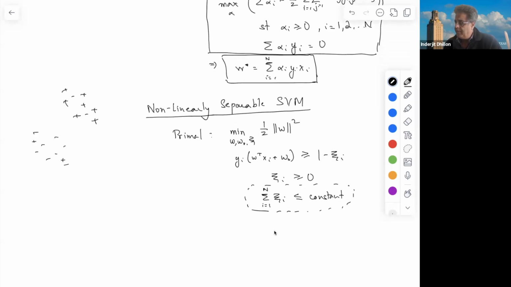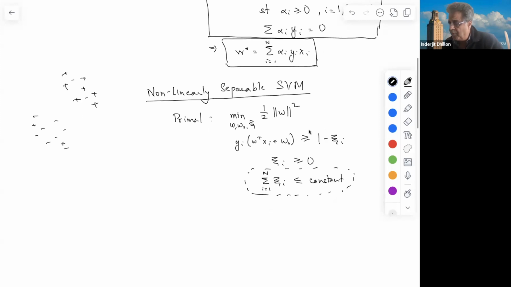Remember that instead of having a linear inequality constraint like this, we can add gamma times this and move it into the objective. They're very similar. So this is then the primal problem.